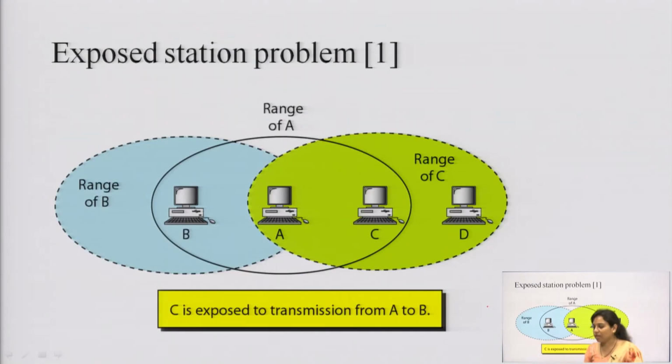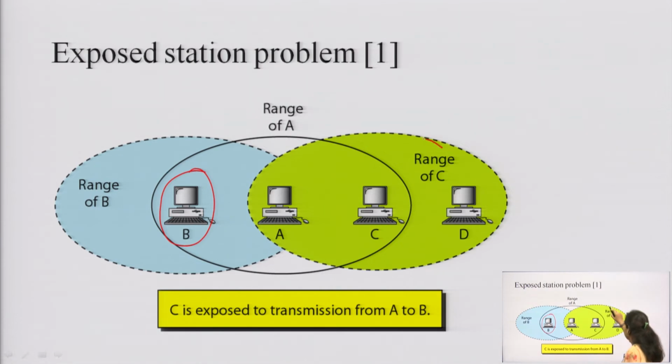Now, next is the exposed station problem, the second kind of problem that arises in the situation of BSS and ESS. You can see over here that this system has a range denoted by this blue color.